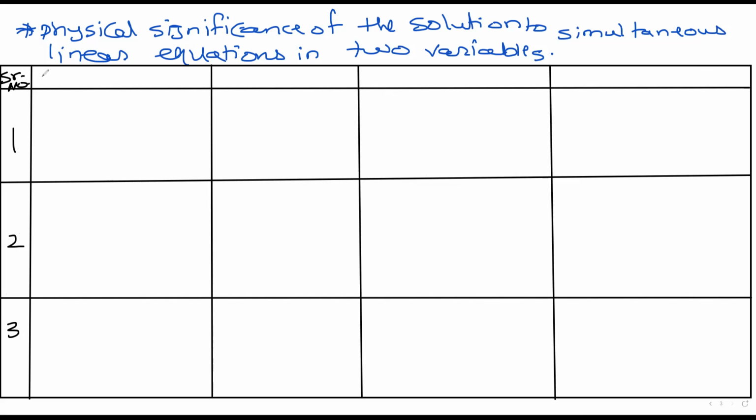Here we have equations, and we'll write one example. Then we have the condition. Then here we have a graph, and here basically we have the type of solution. So please pay attention.